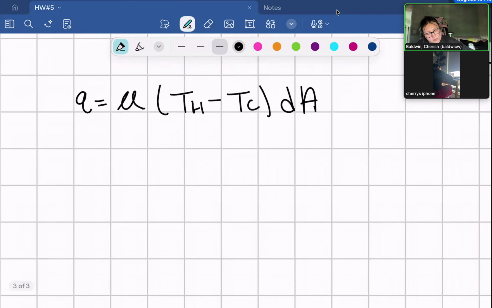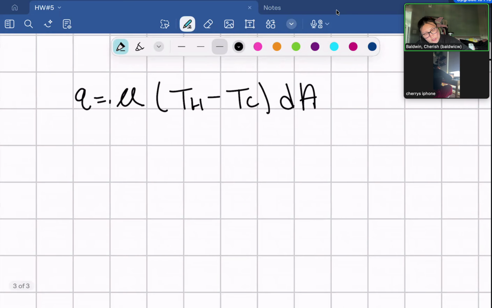So we would think to just integrate this, but we can't because the temperatures change through that area.